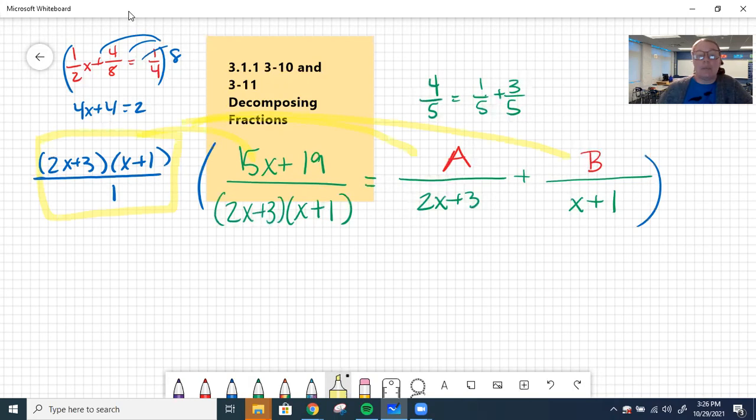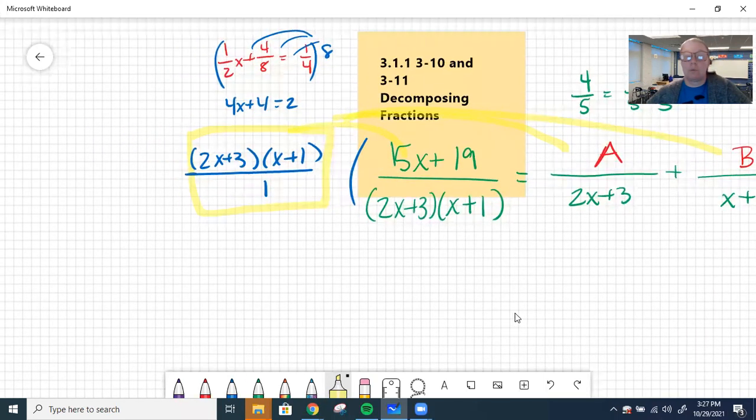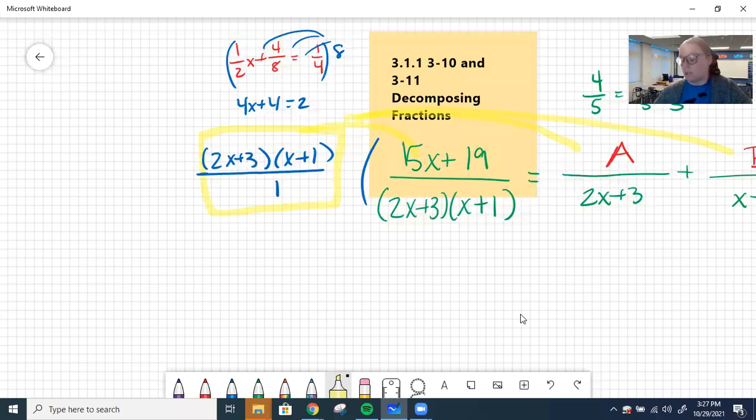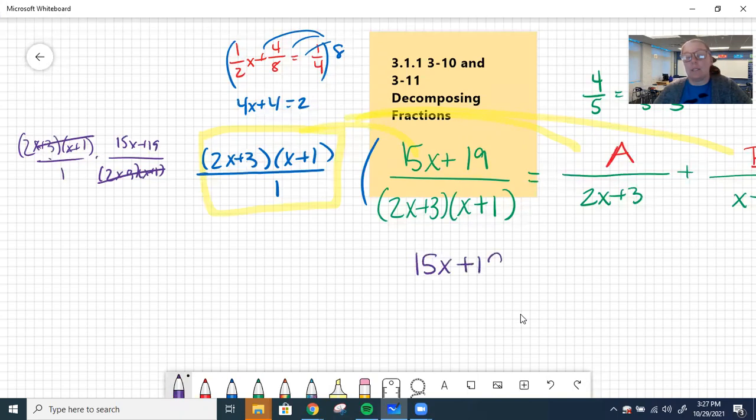When I multiply 2x plus 3 times x plus 1 by 15x plus 19 over 2x plus 3 times x plus 1, the denominators cancel. These are gone and these are gone. I'm just left with 15x plus 19.